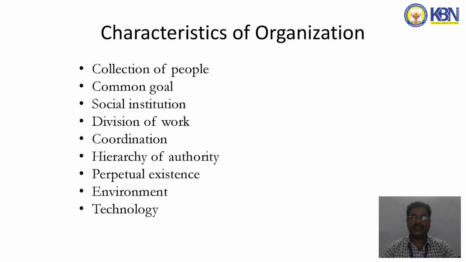Next, let us try to learn about the characteristics of organization. In the organizational scenario we will find a group of people working together. That is the first one, collection of people. Yes, obviously organization is nothing but a group of people. It's a collection of people who have joined together to achieve a particular objective.